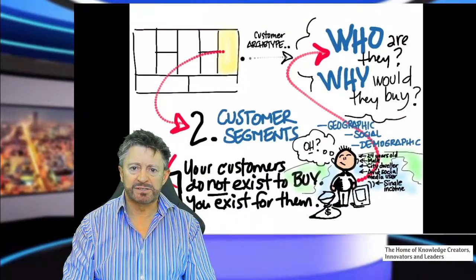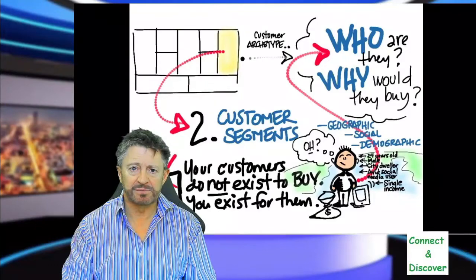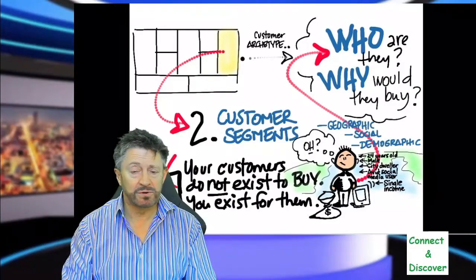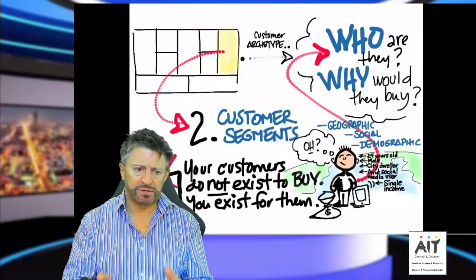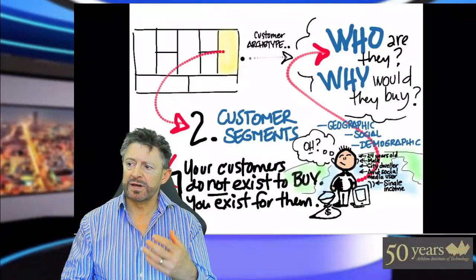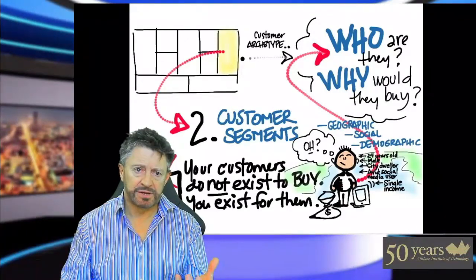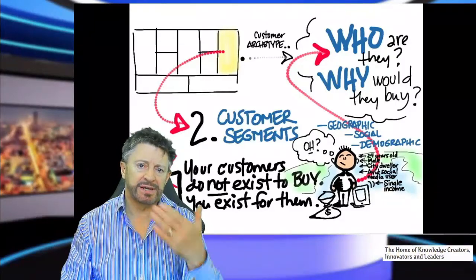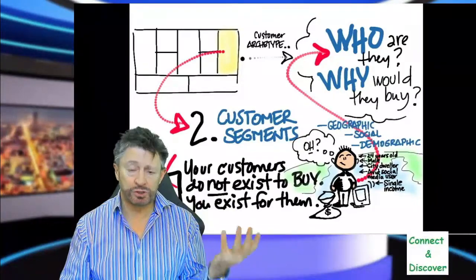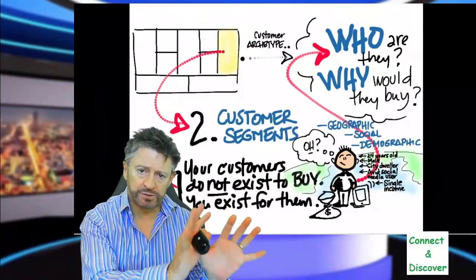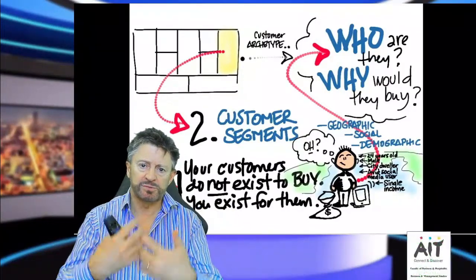So companies existed to serve themselves, and people bought products. Not anymore. For the majority of products on the market today, it's known as a pull system. In other words, customers tell us what they want, so we manufacture. Back then, it was a push system. We built stuff and we pushed it out to customers. Now customers pull from us.